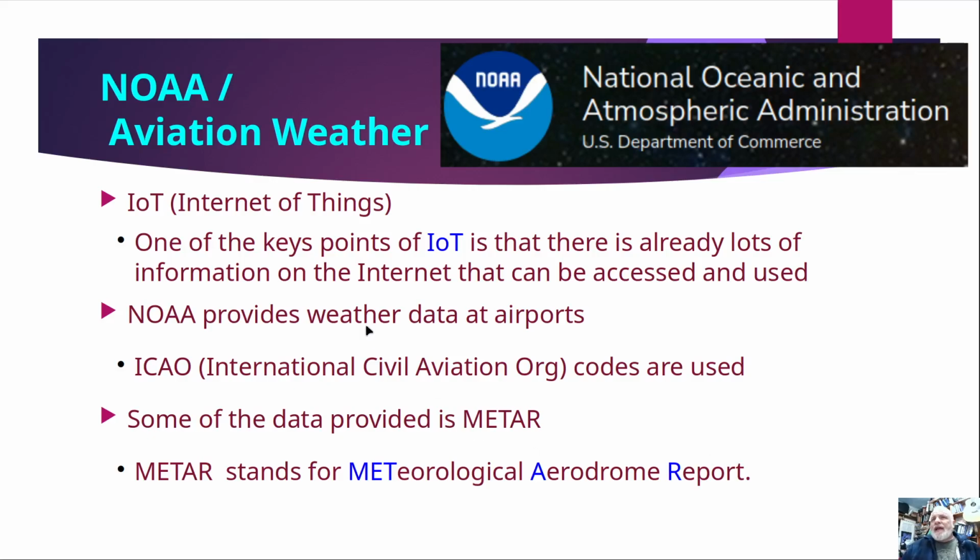Alright, so for this lab, we're going to make use of data that's already available. Airports around the world transmit information about the current weather at that airport so that planes can receive that data, but that data is available for everybody.